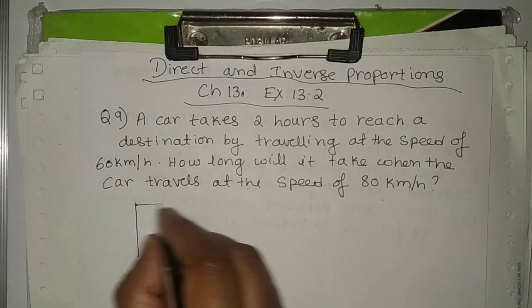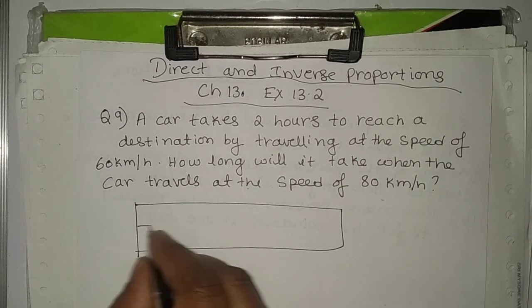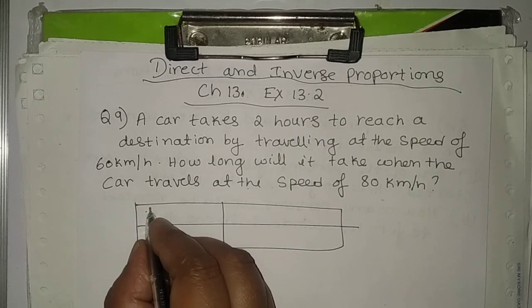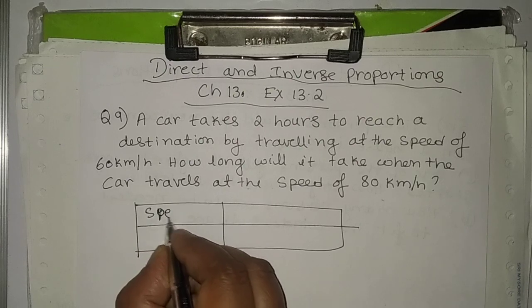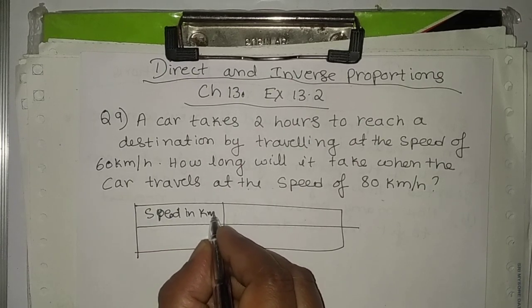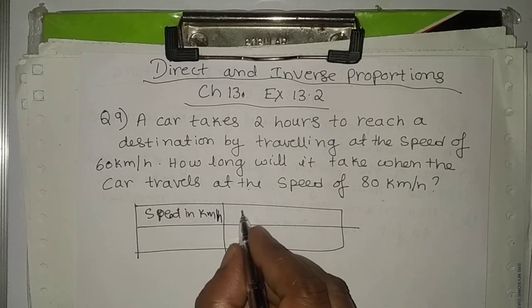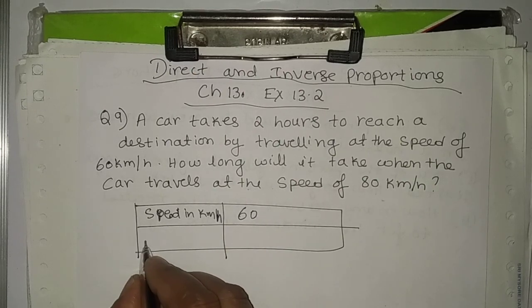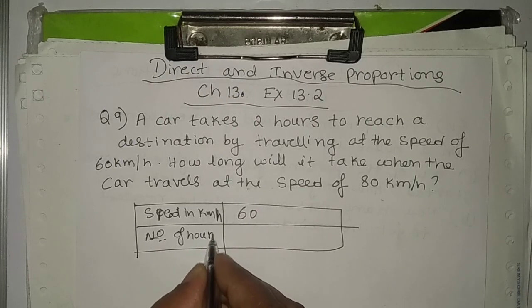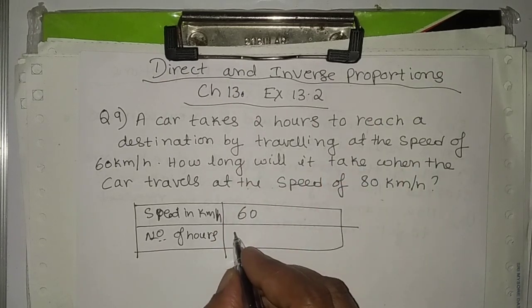Everywhere the same procedure. First one is speed, in kilometers per hour, that is 60 in the first case. Number of hours is 2 hours.